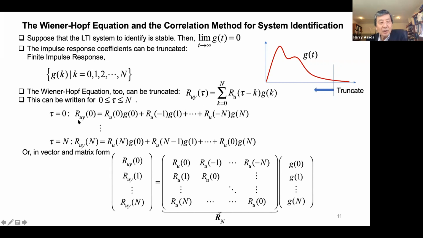If tau equals 0, this is R_uy(0). The first element, k equals 0 and tau equals 0, you get R_u(0) G_0. Then k equals 1, G_1, and tau equals 0, so R_u(-1) G_1, and you can extend it to R_u(-N) G_N. For R_uy(1), tau equal 1, the first one with k equals 0 is R_u(1), and you can just extend it that way.